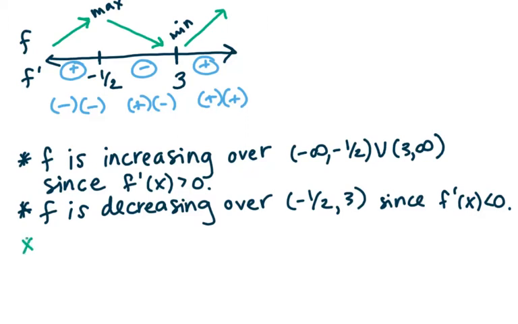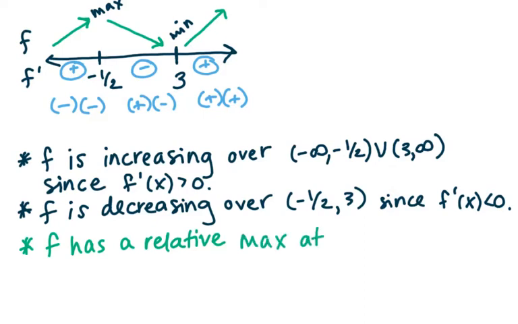So I'm going to state f has a relative max at x equals negative 1/2.